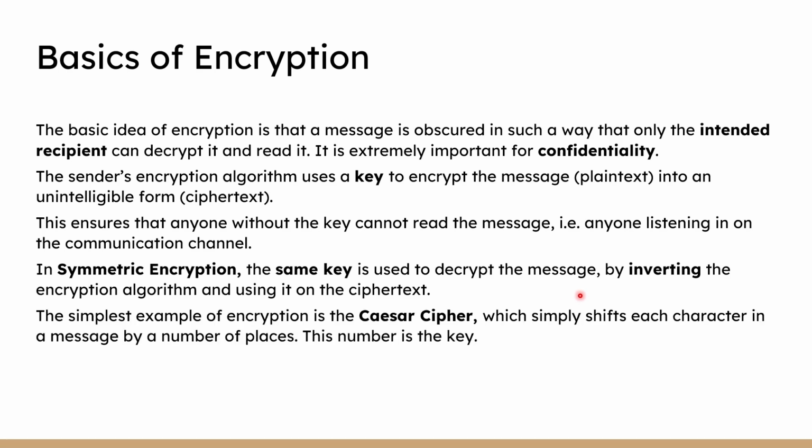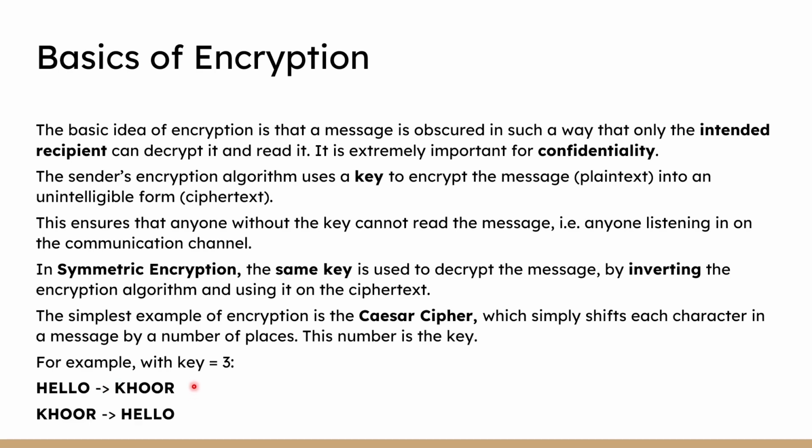The simplest example everyone knows is the Caesar cipher, where you shift each character in the message by a number of places. So the number is the key. If we have a key of 3, then we can take this message, hello, and shift each letter forward by three, and it gets this. Then we can send this, and no one should be able to tell what it is while it's being sent.